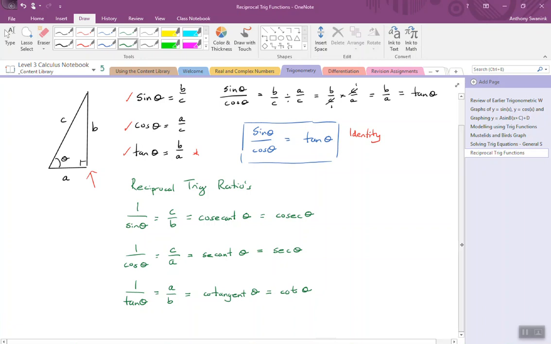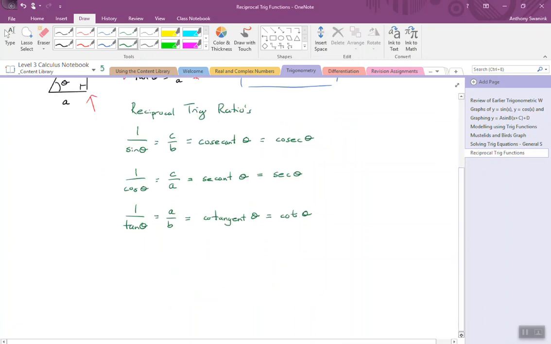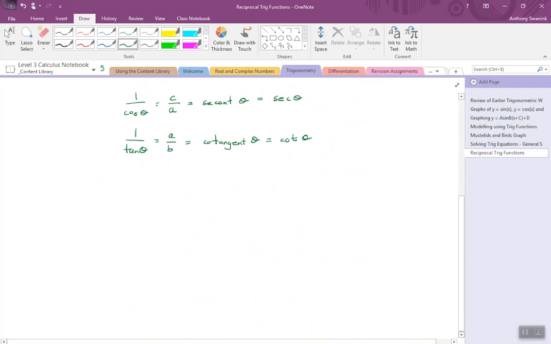Right, so back again. Some of the questions in your workbook on page 27 simply ask you to evaluate some of those reciprocal trig ratios. So let's have a look at an example of evaluating. I'll take a couple of those.